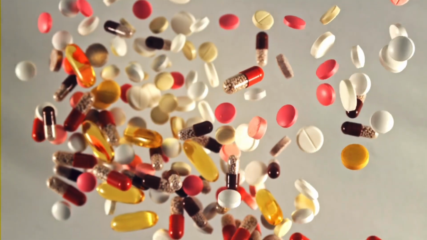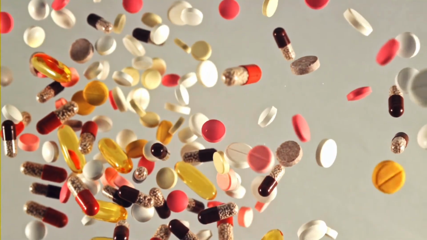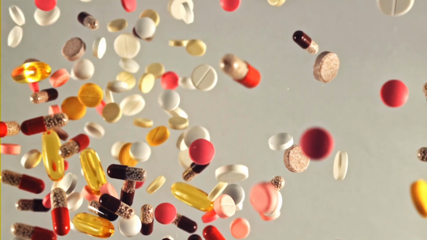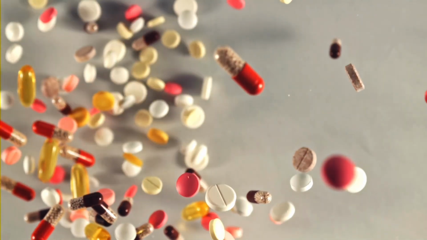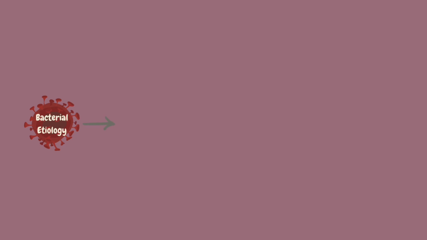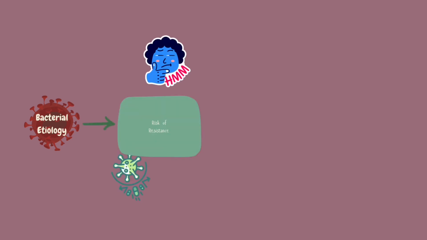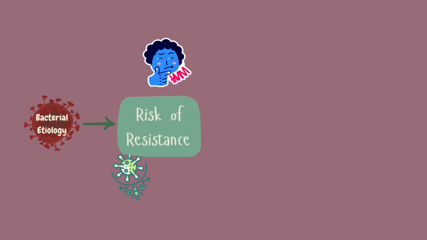There are so many antimicrobials available, so let's talk about the recommended antibiotics for treatment of bacterial sinusitis. Once we've made the diagnosis of bacterial sinusitis, the choice of antibiotics depends on the presence of risk factors for antimicrobial resistance.